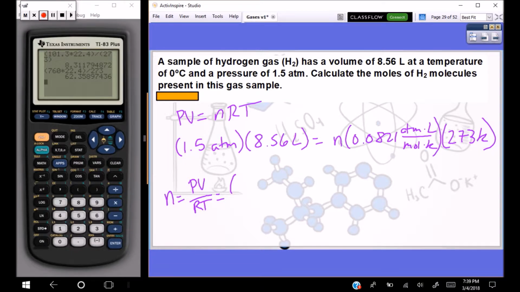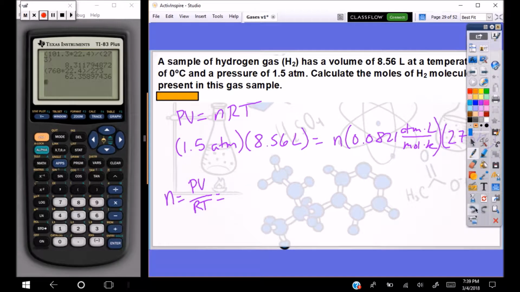So I'm going to actually just plug that in the calculator that way. I'm not going to waste time rewriting it. I've got 1.5 times 8.56, and then I'm going to divide it by 0.0821 times 273. And I get 0.57, I've got 2 sig figs, so 0.57 liters, okay?